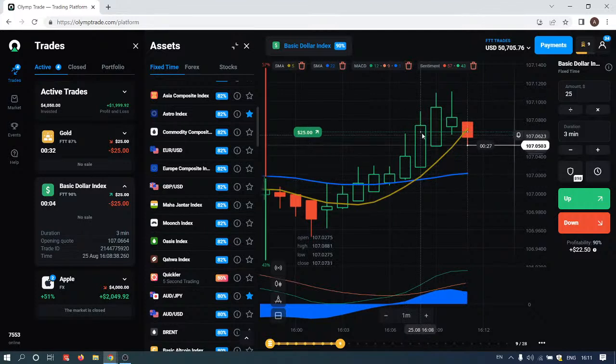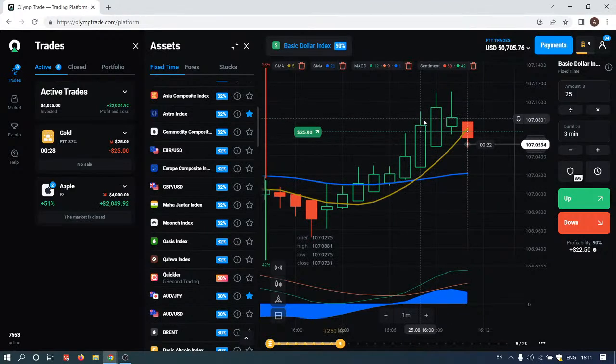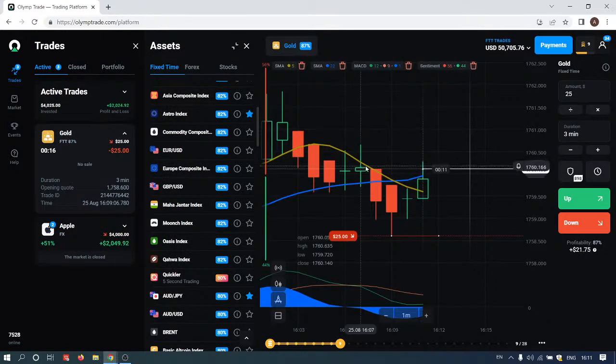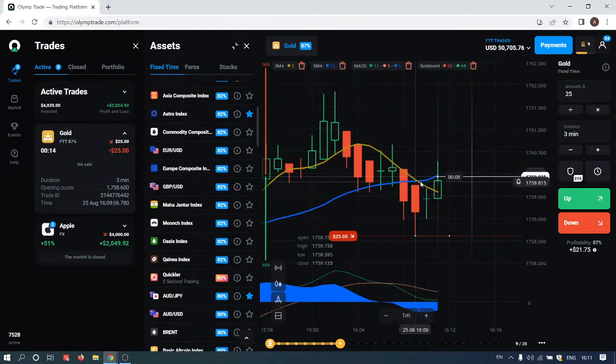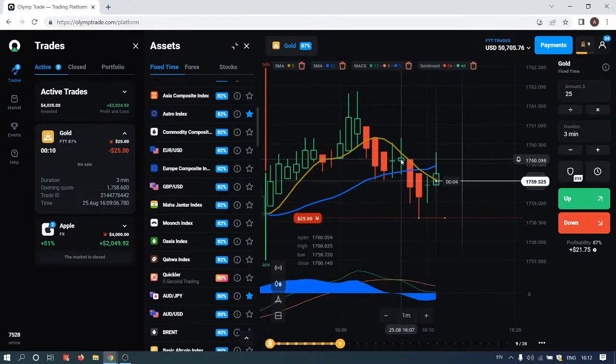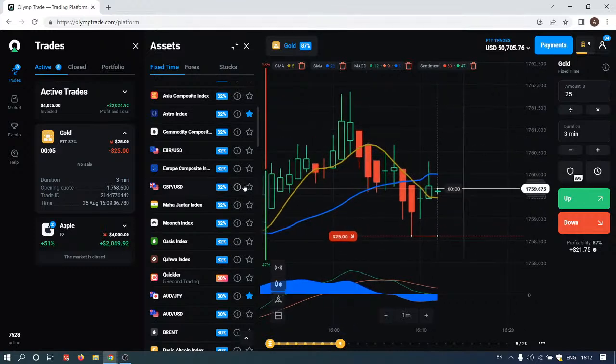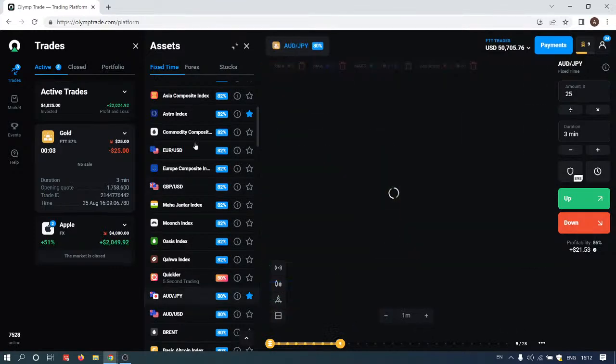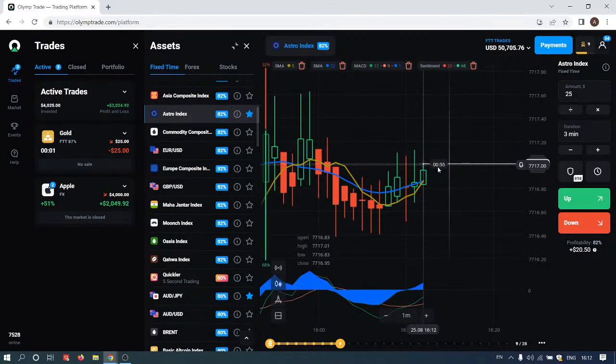So the problem is that I opened it something like 10 seconds later after the signal appeared here, and I opened it due to technical problems. So that's another illustration of timing. As for my gold trade, I would say I did everything correct, and it's just one of those trades that reverses, but everything was correct there. It was a legit trade.